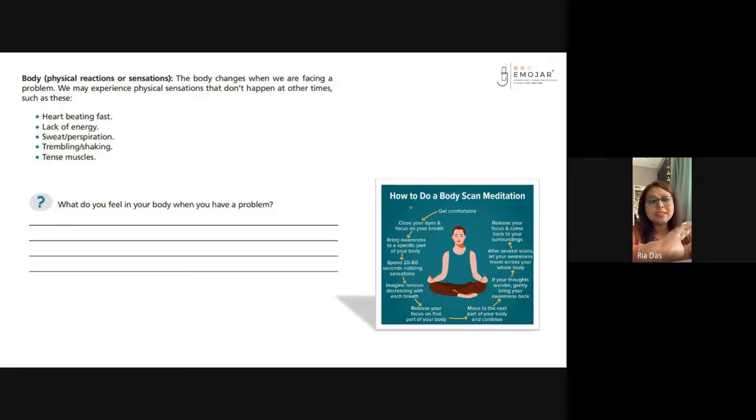That also will lead to a lot of insight as to how your body responds to the stressful situation or the monster. Sometimes you'll feel you're shaking, you'll feel nauseated, or you'll get sleepless nights. Sweating, trembling, muscle tension, all this will lead to a lot of stiffening of your body.